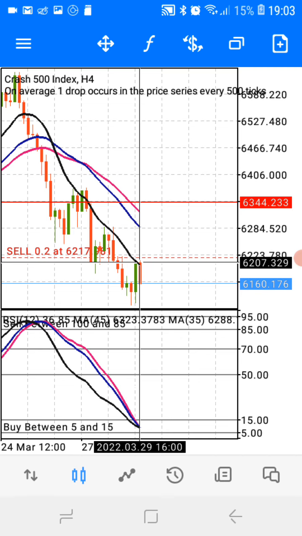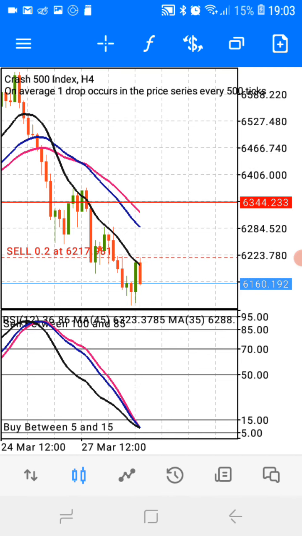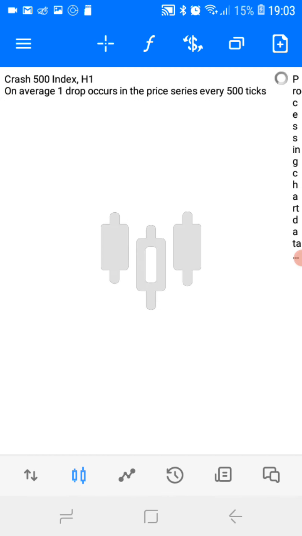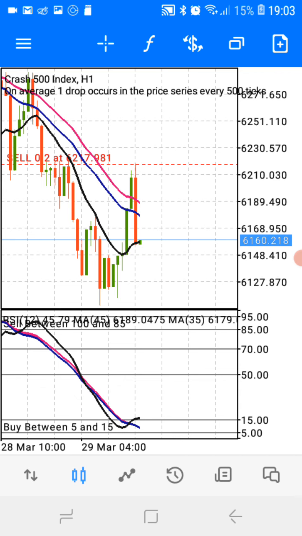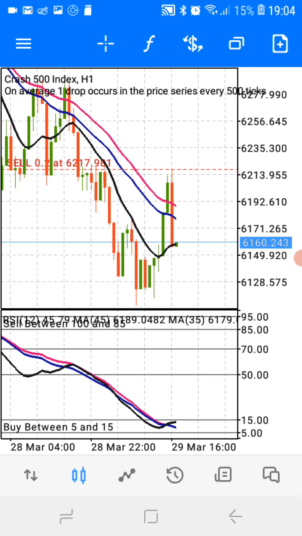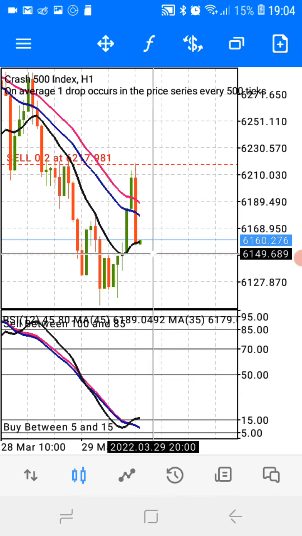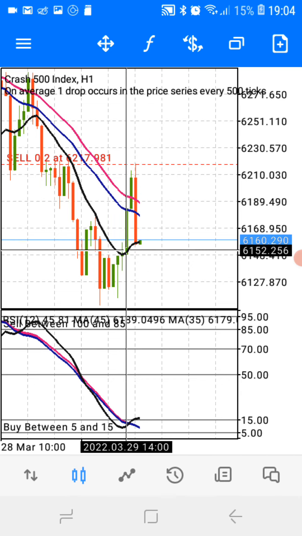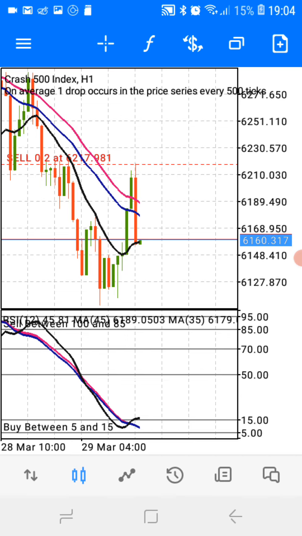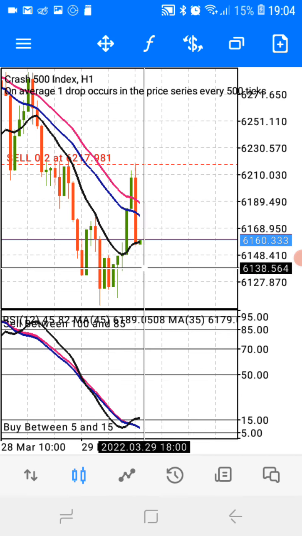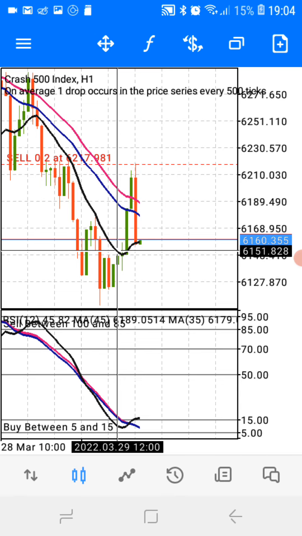Okay, so let me go to H1. As you can see, for those that love buying, there are always those that oppose the markets. You find they don't want to buy Boom, but they are good at buying Crash.